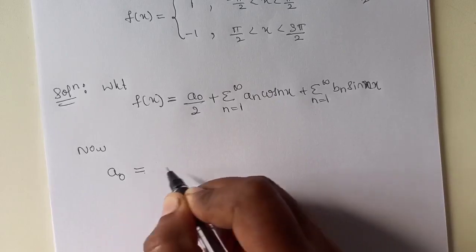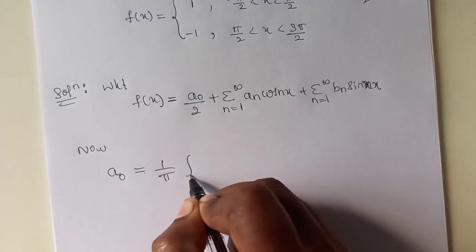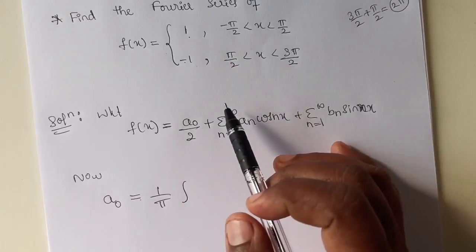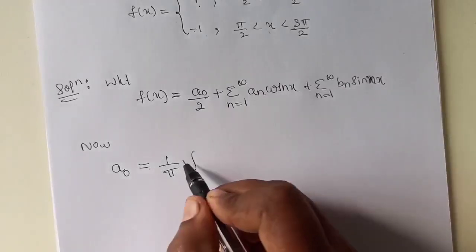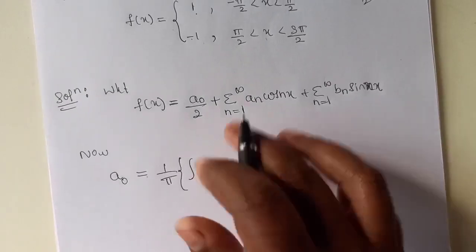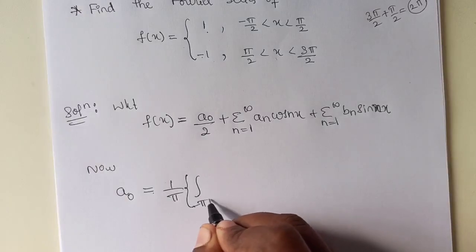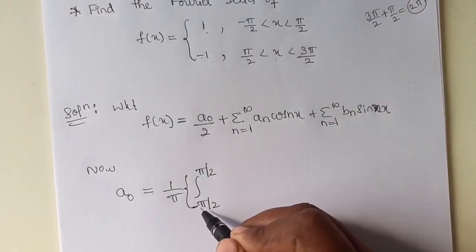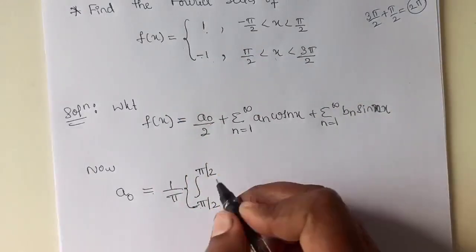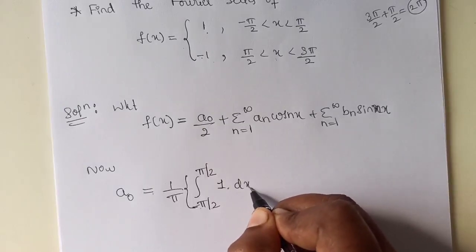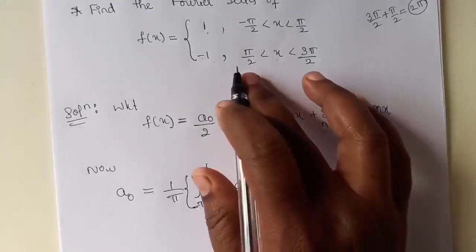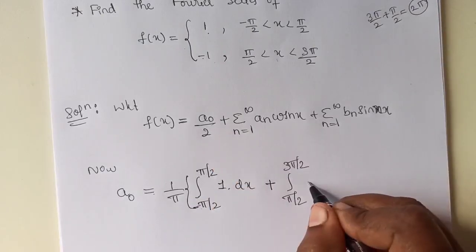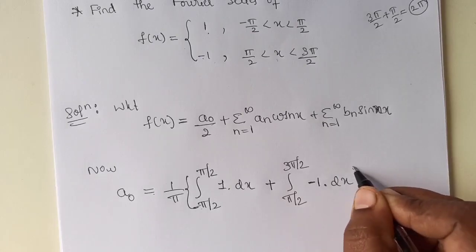a0 is given by 1 by pi, because here the function is divided into two functions for two different intervals, therefore we consider two integrals. One for the first interval, that is minus pi by 2 to pi by 2, where the function is given by 1, so 1 into dx, plus integration pi by 2 to 3 pi by 2, where the function is given by minus 1 into dx.